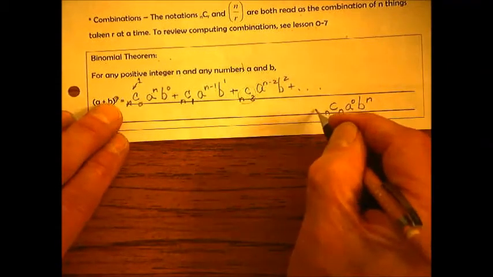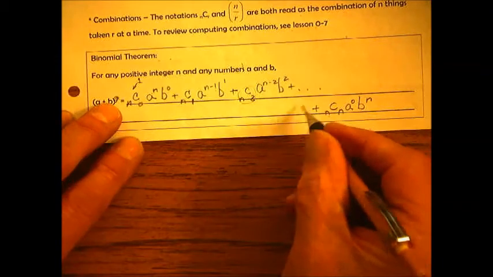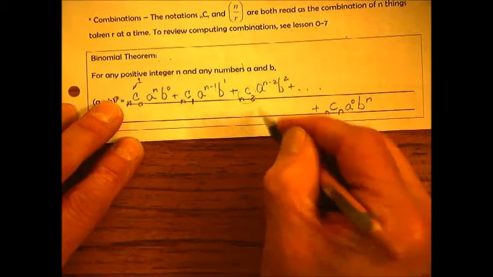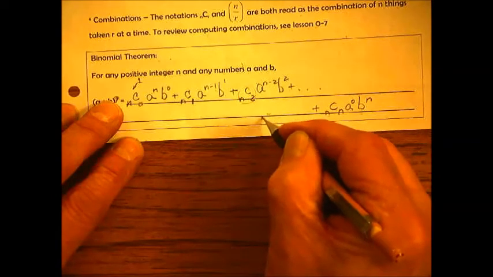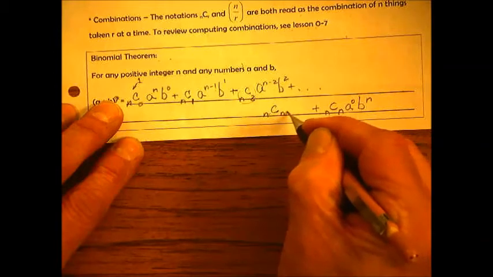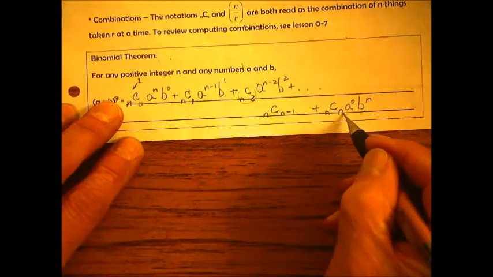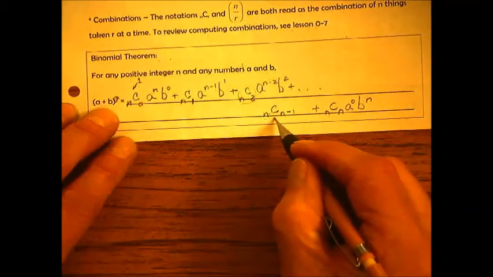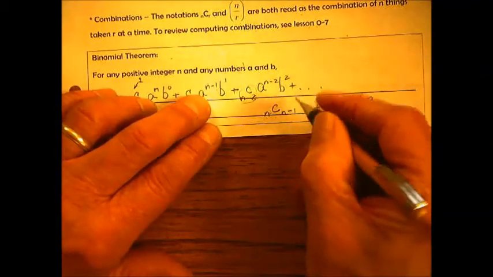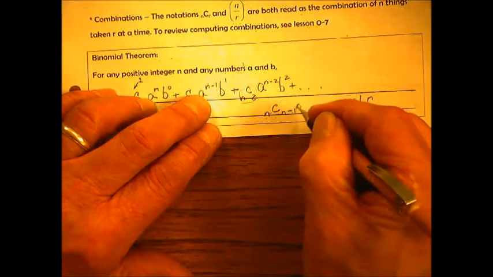And then going back this way, the one that's just before that is going to be n. The coefficient will be n choose n minus 1. So if this was 4 out of 4, this will be 3 out of 4, choosing 3 out of 4. And then our a is going to be a to the 1.